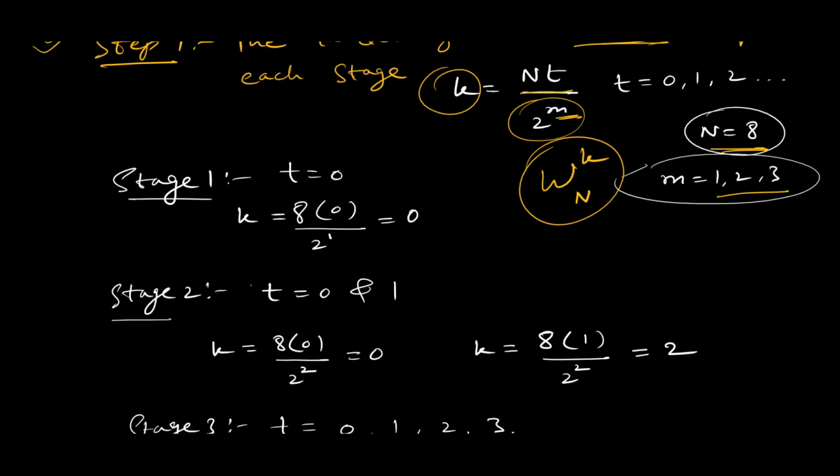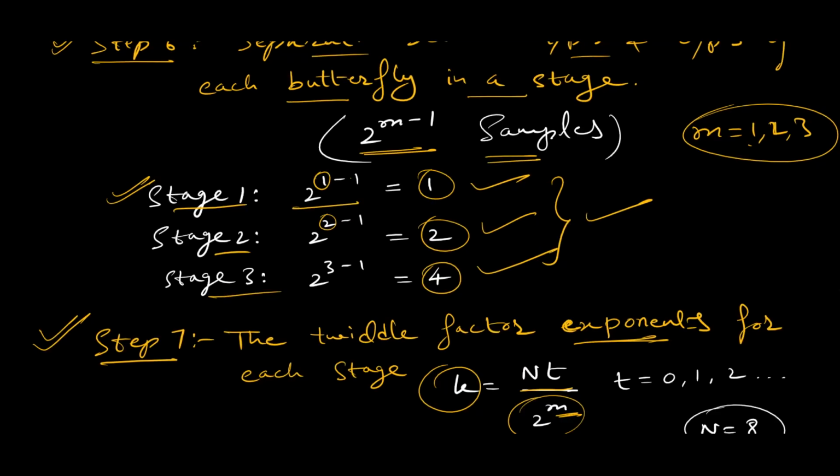Now we'll calculate for all the 3 stages. Let's consider stage number 1. Before calculating this, let's go to step number 6. These values in step number 6 will determine how many values of t we have to consider for a particular stage. For stage 1 we'll be considering only t equal to 0.